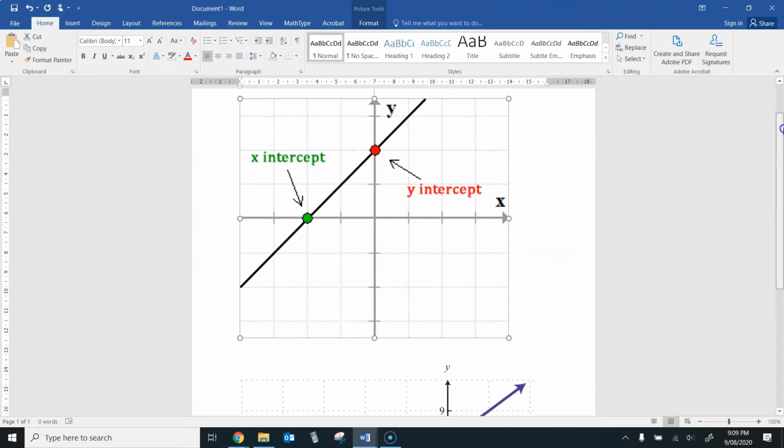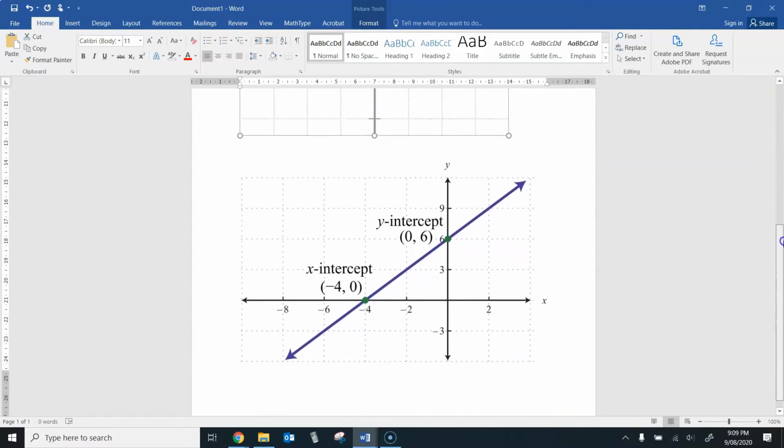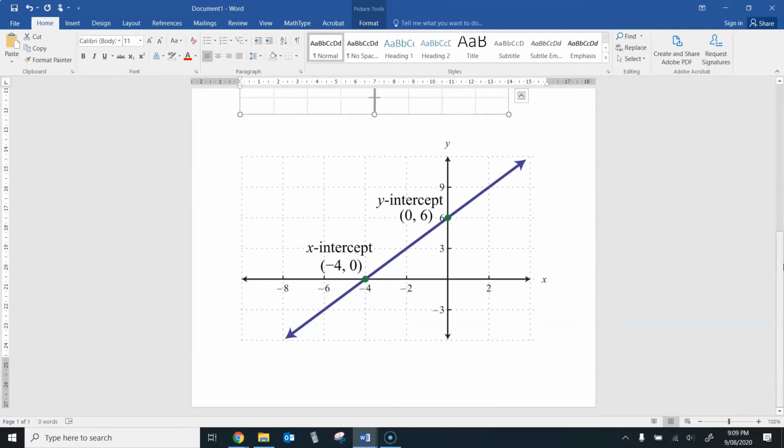So we're going to look at a specific example. We scroll down here. This is a straight line, and the x-intercept is where it cuts the x-axis. So the straight line cuts the x-axis here at x equals -4. The coordinate, we usually talk about a coordinate, is x equals -4 and y equals 0. So we can write it as a coordinate, (-4, 0), with a comma in between those two numbers and round brackets.